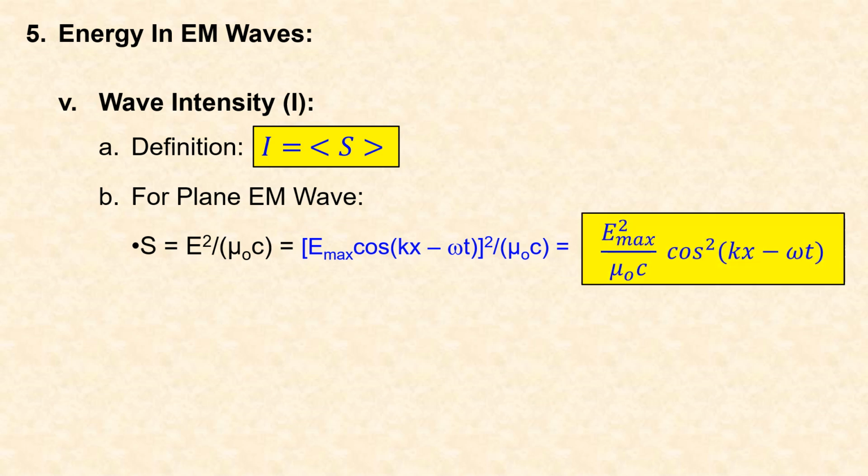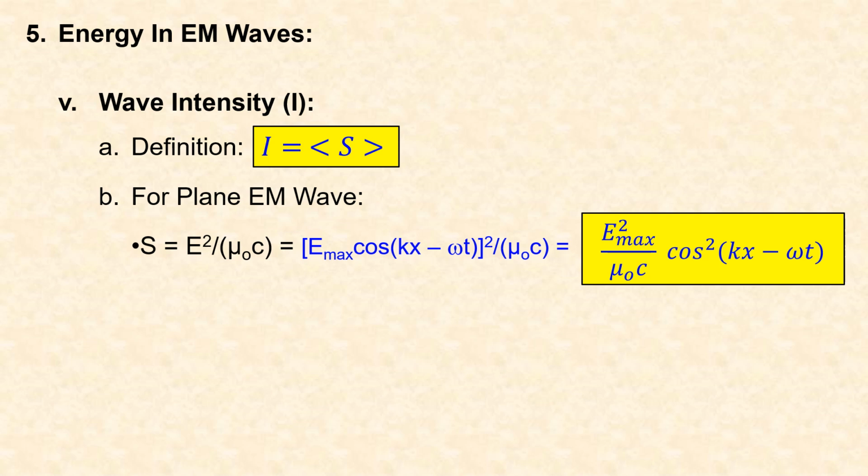E max is the amplitude of the electric field, a constant. Of course, mu naught and c are constants, so those don't change. But because this cosine squared term changes with both x and t, the value of our Poynting vector is going to change continuously in time as well.